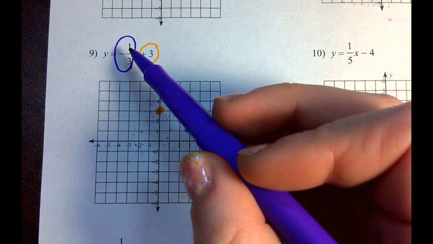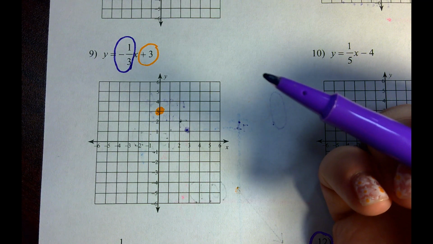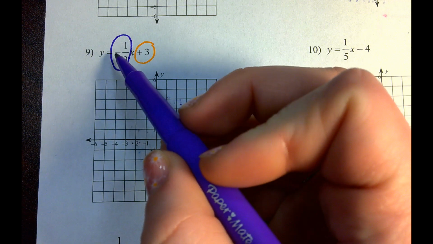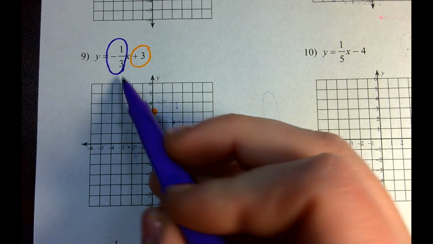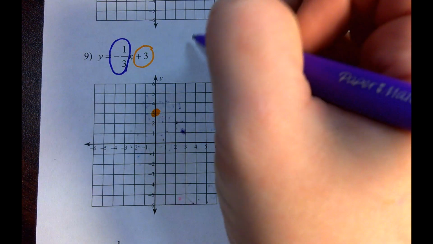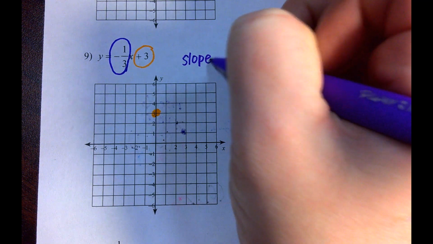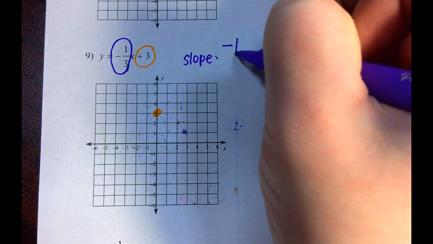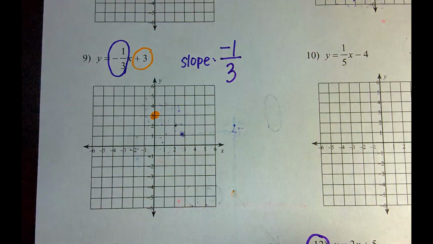Now, is it positive 1 and 3 or is there a negative there? There's a negative. So this is negative 1/3. Now, whenever we write this out as a fraction, remember, our slope is negative 1 over 3.